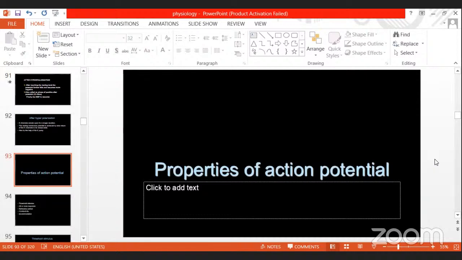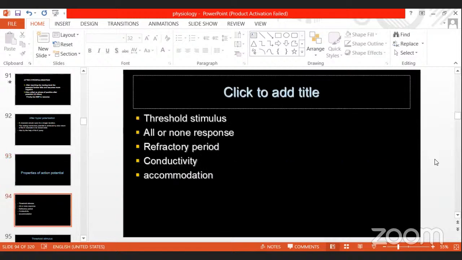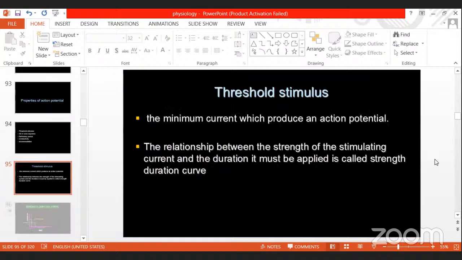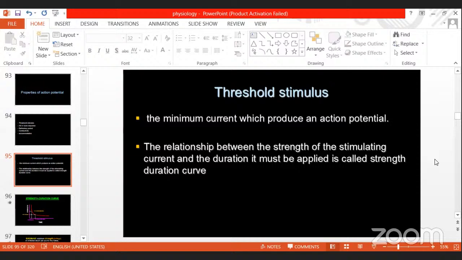So coming to the properties of action potential, the action potential has a threshold stimulus, which shows an all or none response, refractory period, conductivity, and accommodation. A minimum current which produces an action potential is known as threshold stimulus.